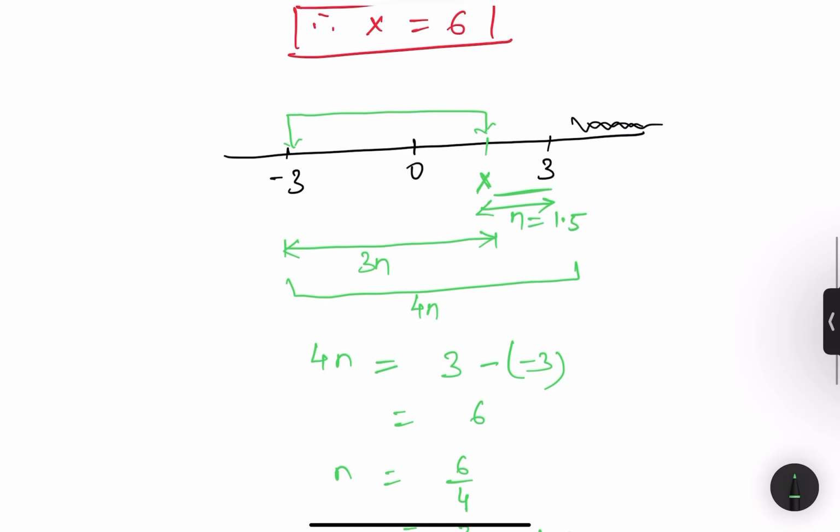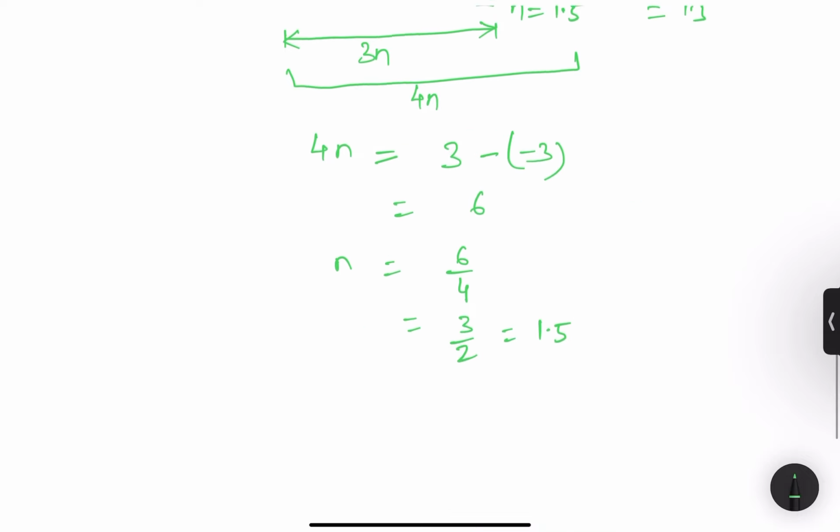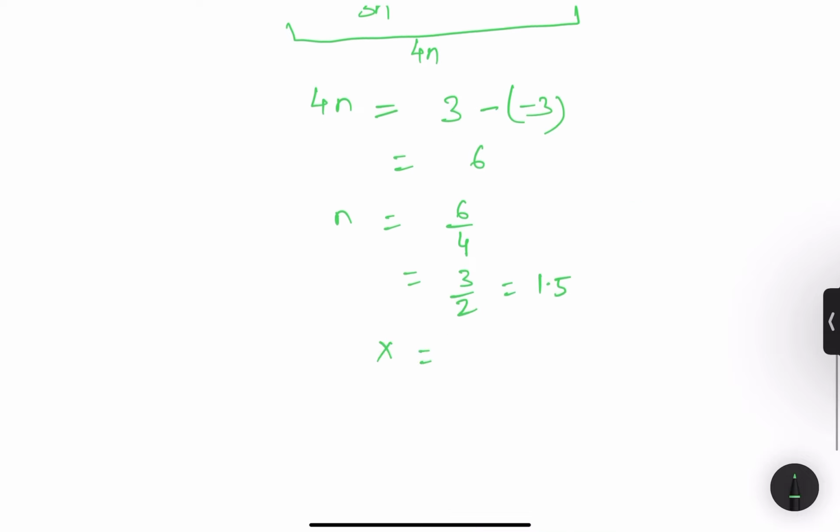So it is towards the left of 3. So we simply have to get our x, we do 3 minus 1.5, that is 1.5. So how much is the x? That is 1.5, because this is 1.5, so this is also 1.5 from 0. Okay, so our x in this case becomes 1.5.